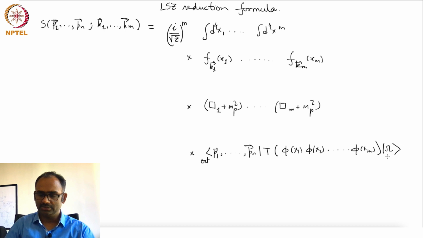and instead we have now the vacuum. Now, if you were to repeat similar steps for the out state, this one here, okay, then you are going to get the following, and that is something you should check. So, you are going to get, in addition to this factor i over square root of Z to the m, n such factors also. So, you will get this.